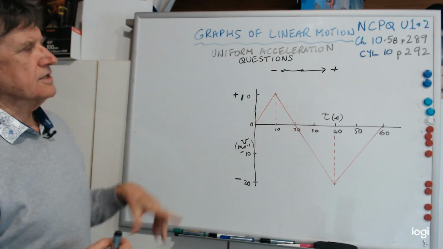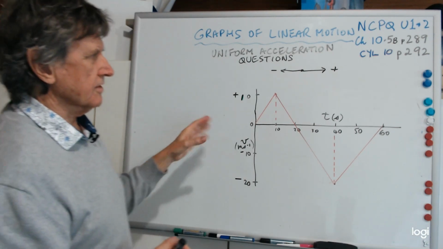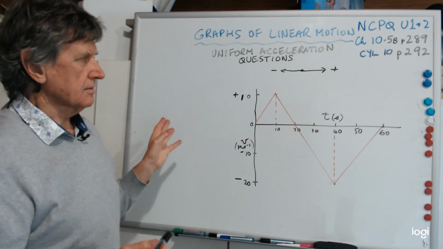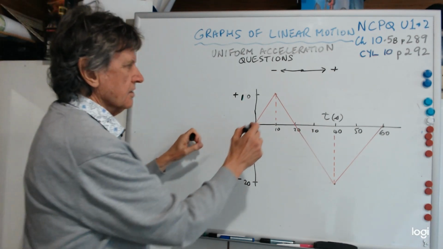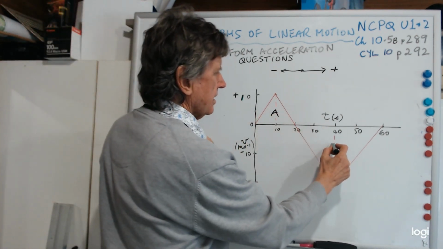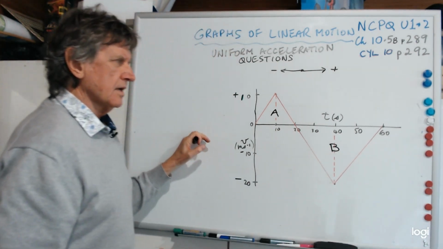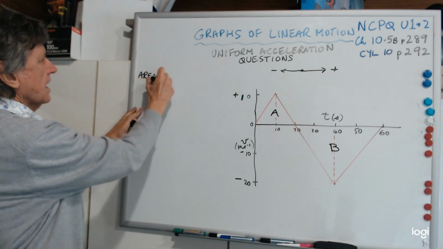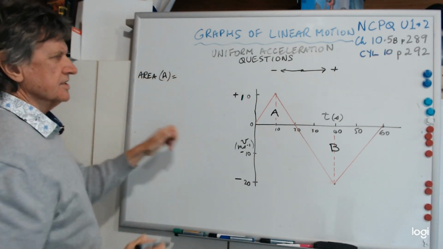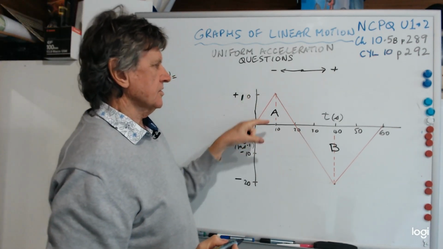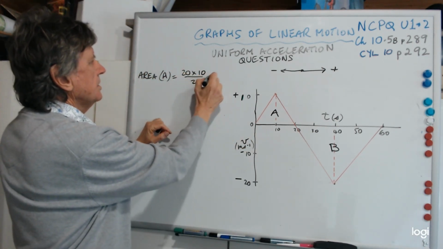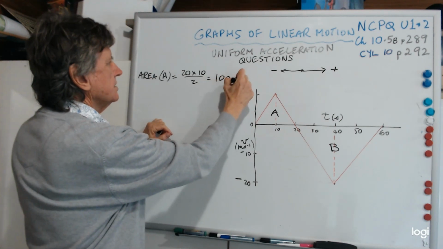So the first thing to do is to work out the distance travelled. That'll be the first question. Distance travelled is just the area under the curve. So let's call this A and this B. You've got two triangles. The area of A is just base times height on 2. So it's 20 times 10 on 2, and that's 100 metres.